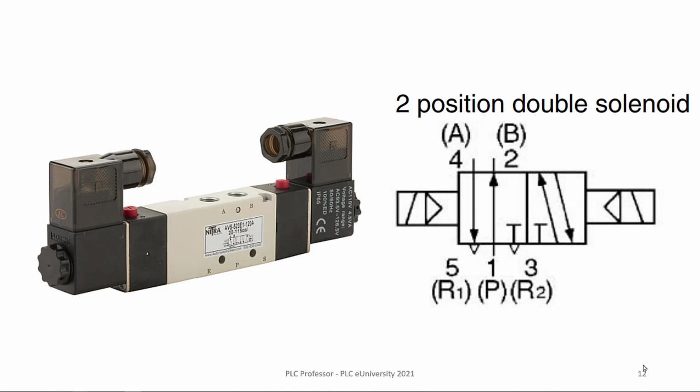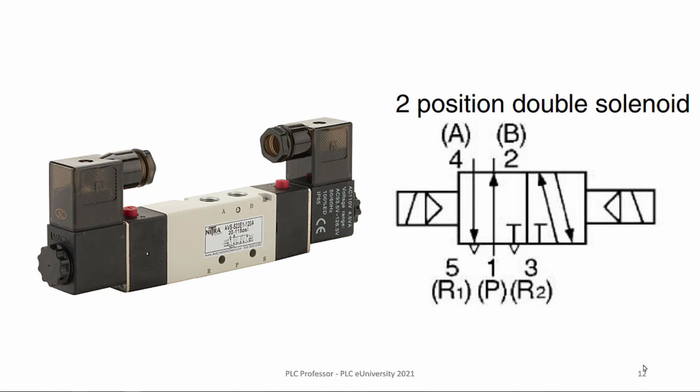As a matter of fact, if I look closely at the symbol on the actual photograph where it says Nitra, AVS, whatever the part number is, that is a three-position double solenoid, not a two-position. But you wouldn't know that unless you looked at the symbology on this actual photo of the valve. So let's just pretend that the symbol on the side of this valve matches what you see to the right.